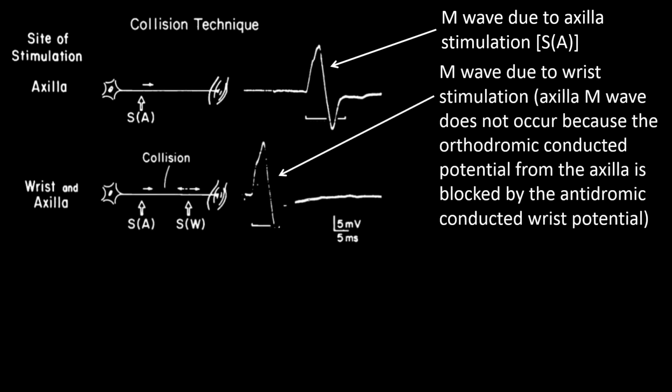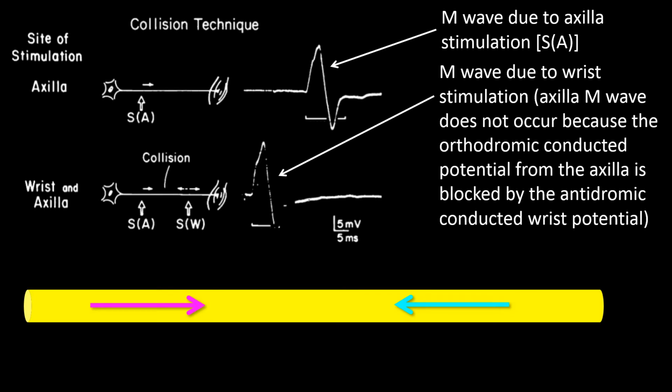This added figure portrays an M wave due to wrist stimulation. The axilla M wave does not occur because the orthodromic conducted potential triggered from the axilla is blocked by the antidromic potential generated at the wrist.